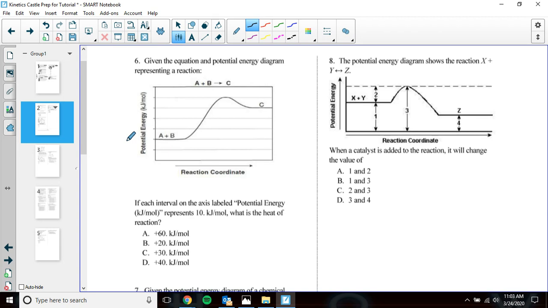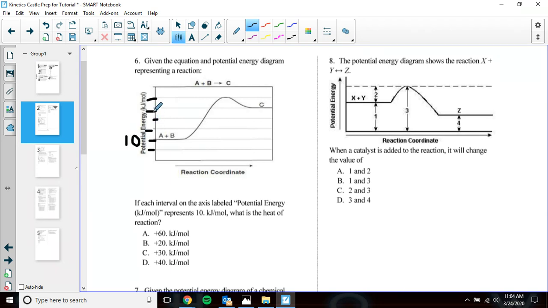Given the equation of the potential energy diagram, this represents 10 kilojoules. What is the heat of the reaction? Okay, I see. So that's saying 10, 20, 30, 40, 50, 60, right? And I know that this is 10.